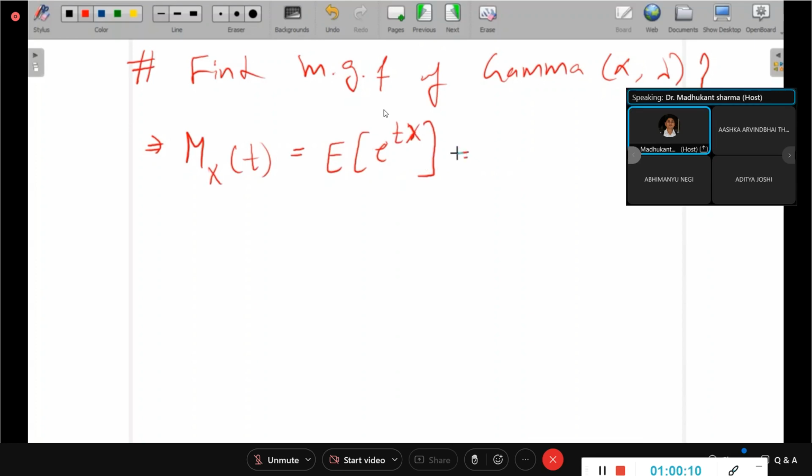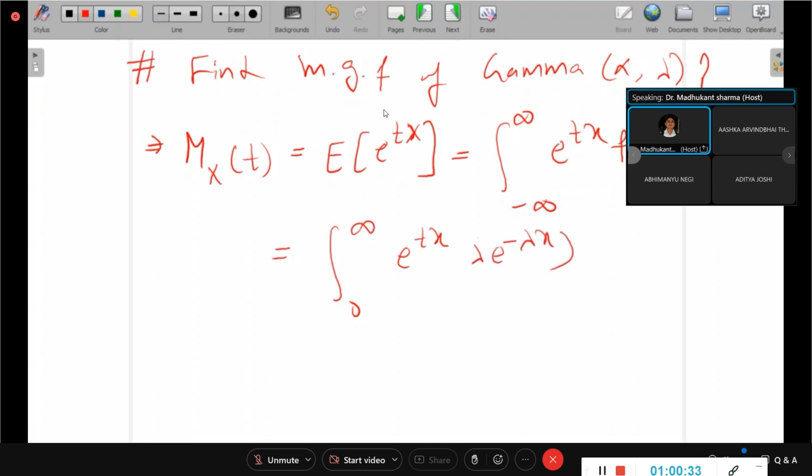That's going to be the integration from minus infinity to plus infinity of e to the power tx f_X of x dx. Now see, it's non-negative, it's 0 from minus infinity to 0, so it's going to be the integration from 0 to infinity of e to the power tx times lambda e to the power minus lambda x times lambda x to the power alpha minus 1 divided by gamma alpha dx.